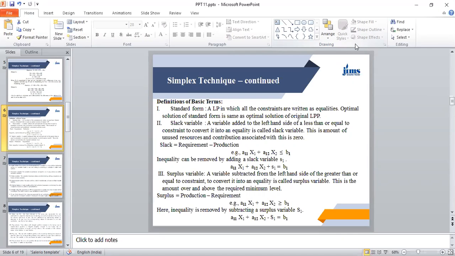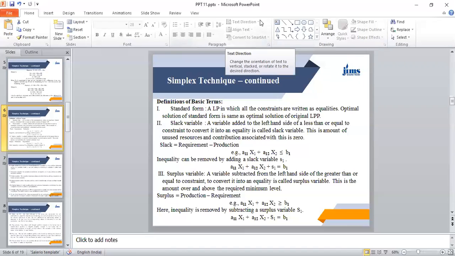If it is equal to b1, no problem, but if it is less than b1, it means the left hand side is lesser, the right hand side is bigger. So we add a variable, say slack variable S1, to make it equal to b1. If S1 is equal to 0, then it will be equal. If S1 has some value, then the left hand side is less than b1.